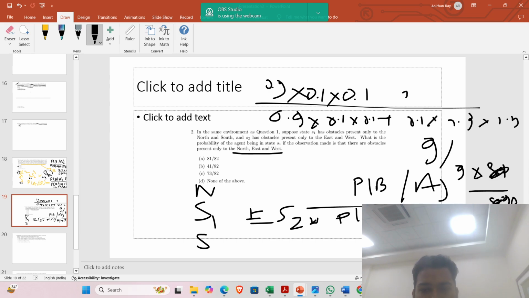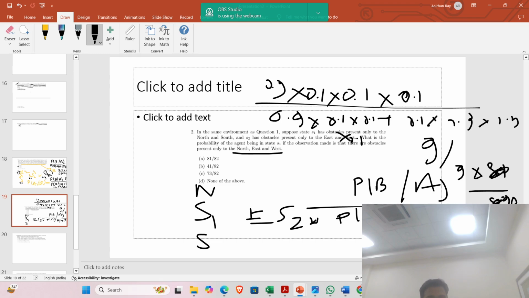Do we need to see something else here? Only north, east and west are there, so the other should not occur. The south one should not occur, but it is occurring, so we have to make it 0.1. This will be the same here, 0.1, and here it will be 0.1, 0.9, 0.9.